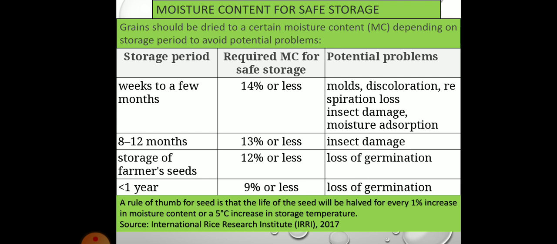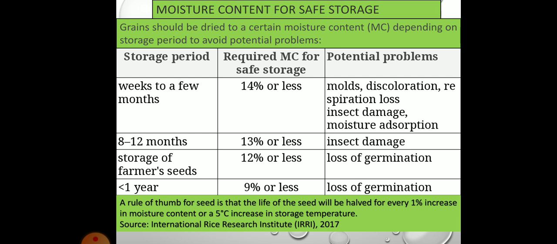If it's for storage, so it will reach 12 months before selling, at least 13% moisture content. But if your seed is intended for planting, then it should not go below 12% moisture content, otherwise it will lose its viability or germinability.